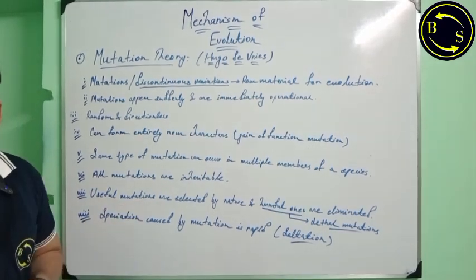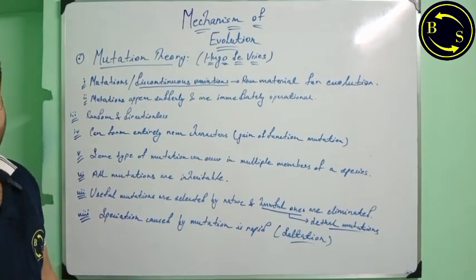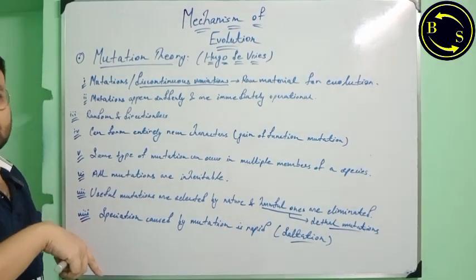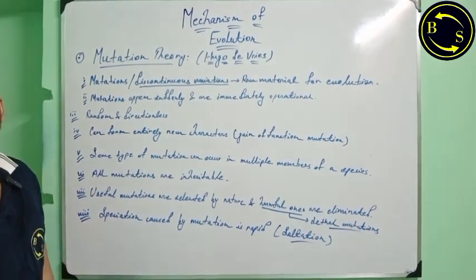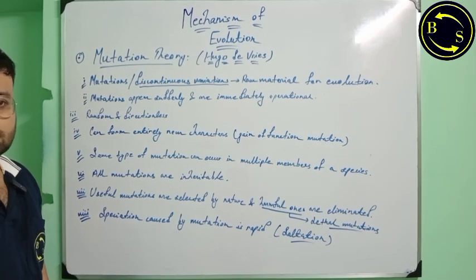So within a very few generations we will have a mutant population of a species which will outcompete all the other members of that species which lack that mutation and finally form a new species.